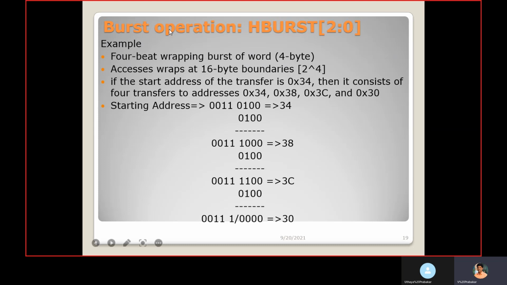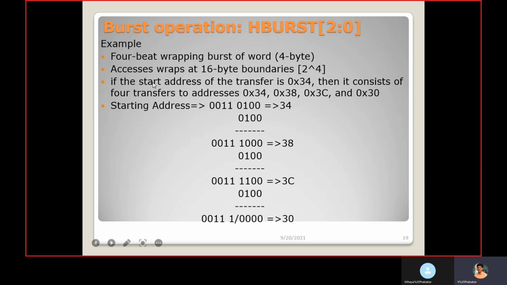So totally 4 beats times 4 bytes, that is 16 bytes, is the boundary. How can we represent 16? As 2 power 4. So this 4 represents how many bits can be supported.